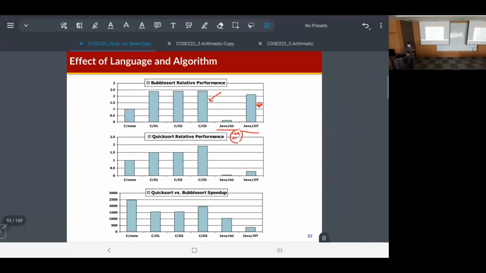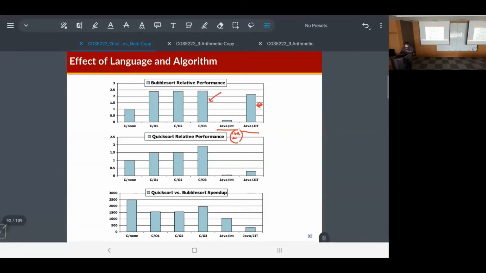Also, we learned that the performance of programs and applications can be changed by programming languages like C, Python, not Python, Python is an interpreted language, C or Java, and some other compiler-based languages. Okay?